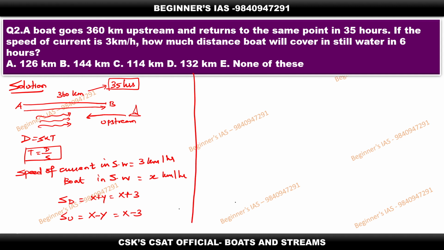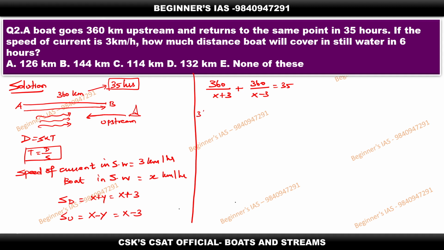After knowing this, with this logic, time is equal to distance by speed. To do the boat process, it takes 35 hours. So distance by speed, that is downstream, x plus 3, plus distance by speed, that is x minus 3. To do both the processes, it takes 35 hours.